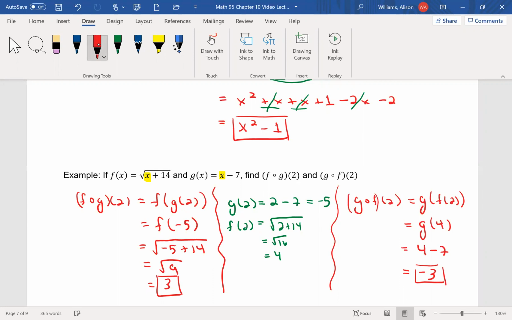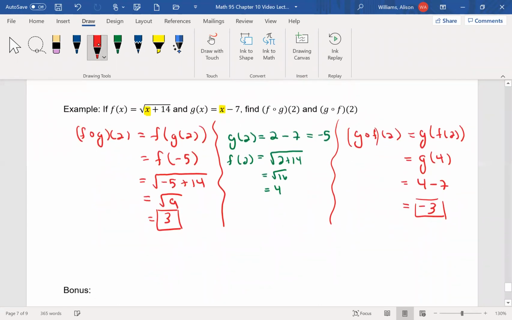Now I do have what I'm calling a bonus. The bonus is that you can actually plug a function into itself. In other words, for this example, let's say I was asked to find f composed of f of 2. That means f of 2, which I know is 4.